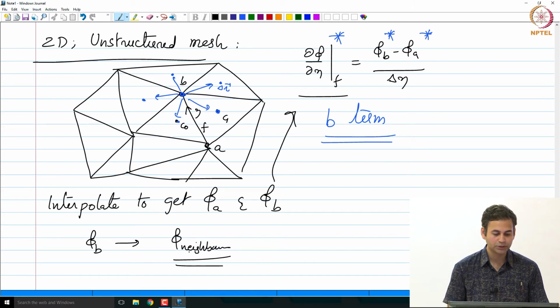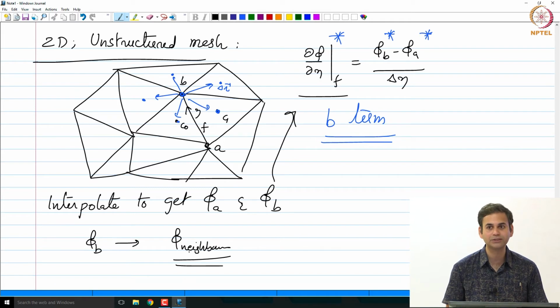So the question is, if I want to use an implicit method, I have to use all the current values, right? In that context, what shall I do? What will you do if you have an implicit method for source terms? You have an outer loop and an inner loop, right?